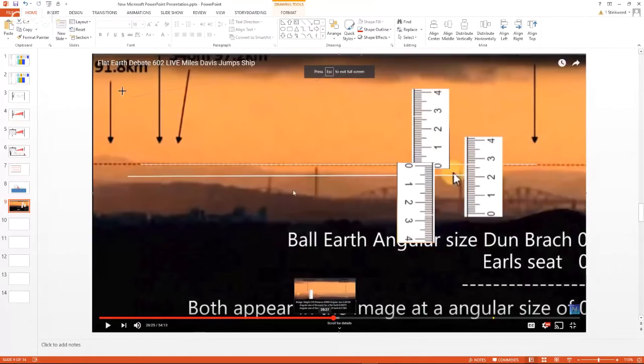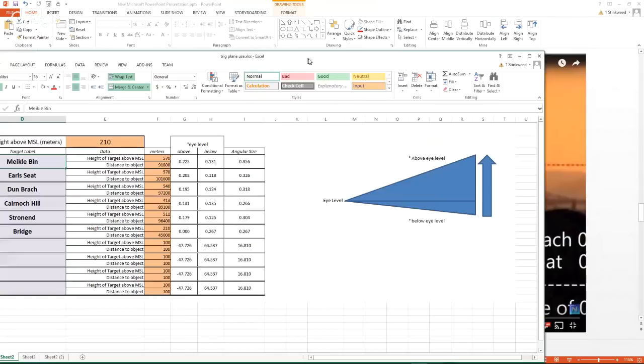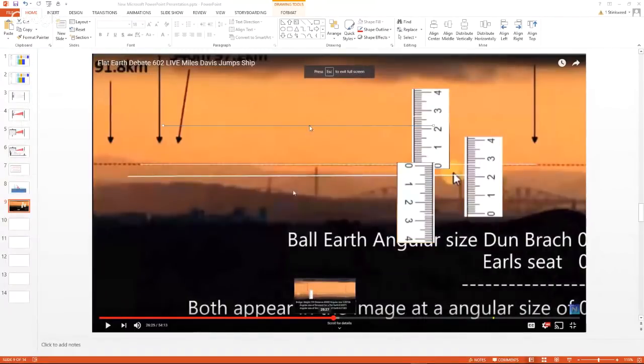We gotta do this. Okay, so 0.225 above, and then below was 131, which is, I'll just put it about there.